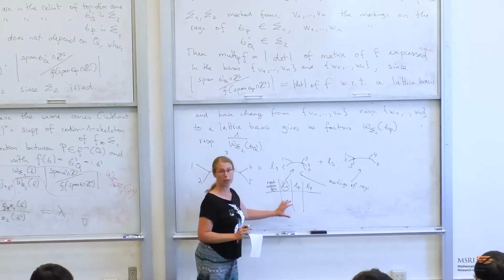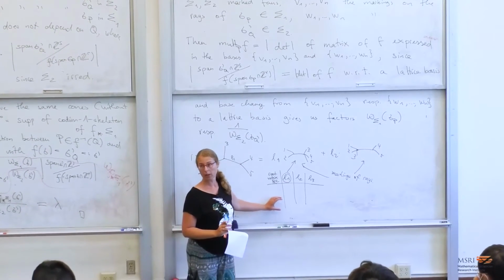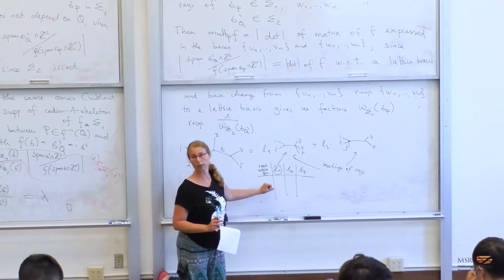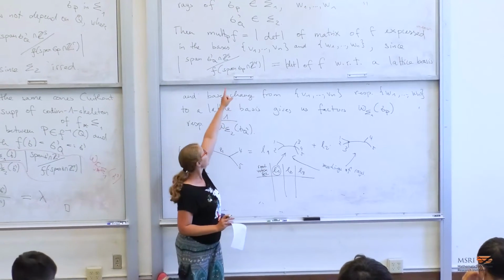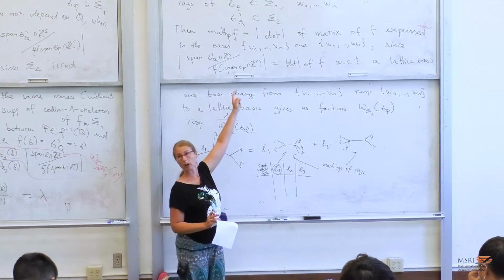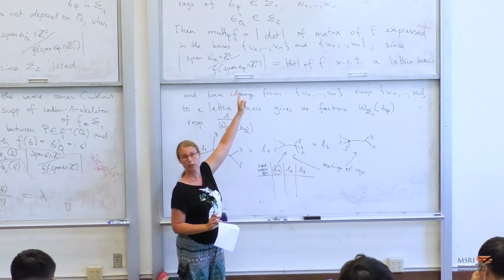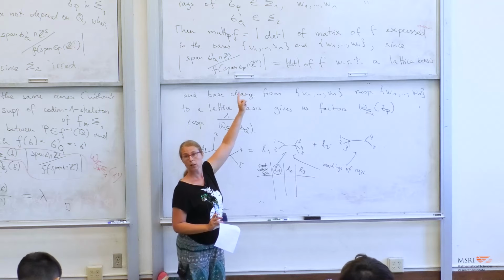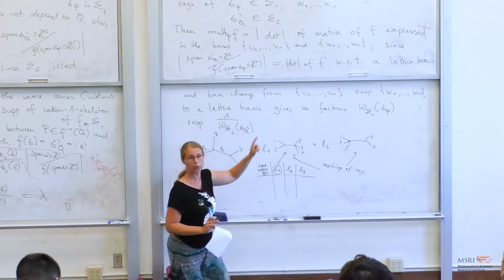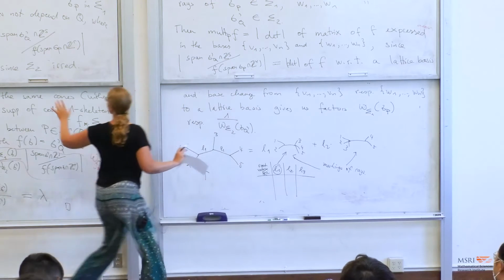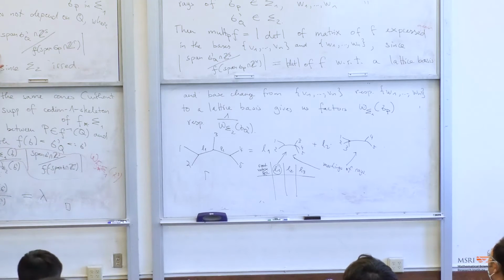So with this big matrix that I wrote down last week, I did give you the evaluation map in the basis given by the markings of my rays, right? So that's what I did. So that big determinant that I computed was nothing but this lattice index times weight guy that we used here to define the multiplicity more generally for a map of fans. Yeah?